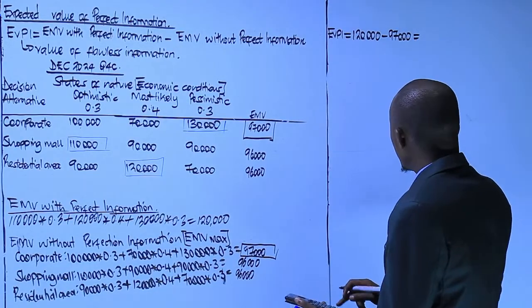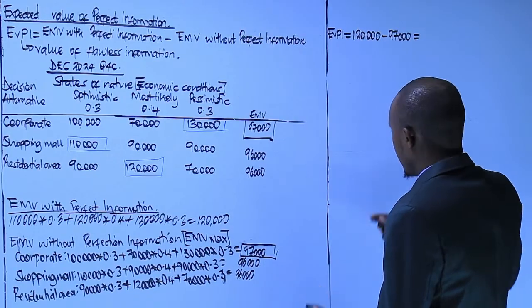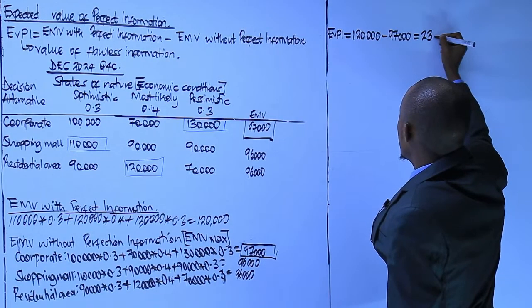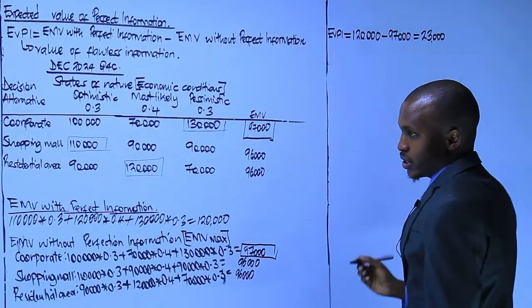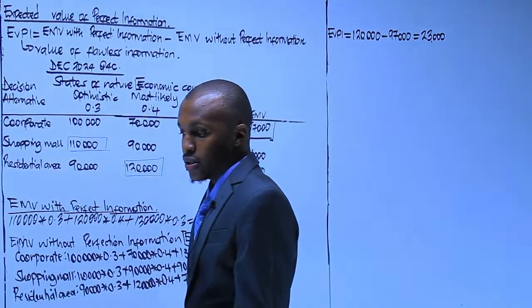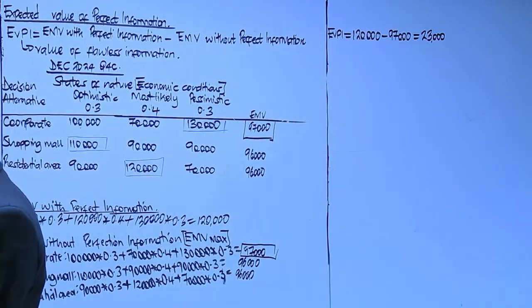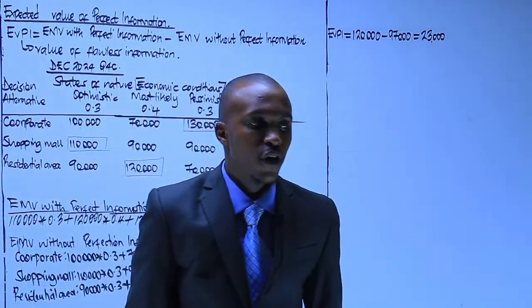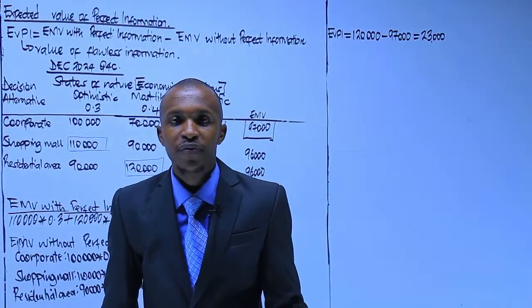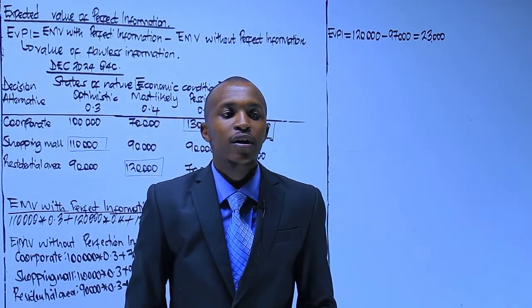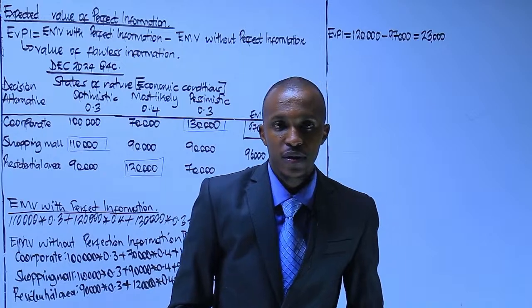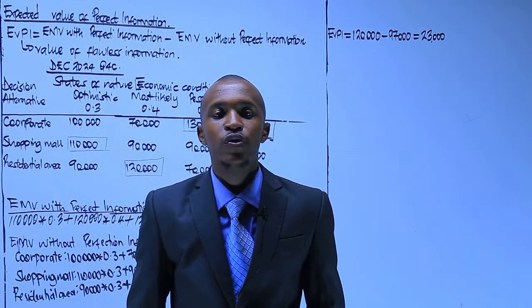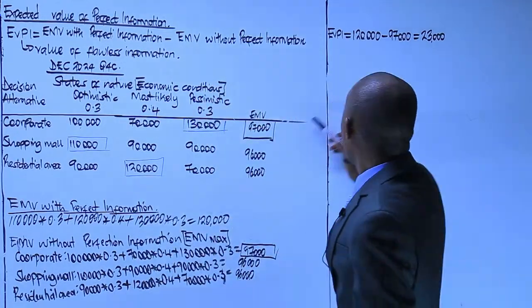So 120 minus 97 is 23,000. That is the value that you expect to obtain when you acquire perfect information. When we say acquire perfect information, is where you can hire a company. Then the value they will give you is worth how much?